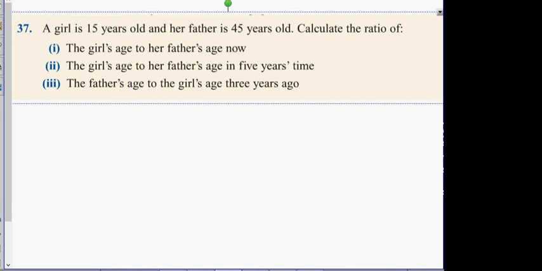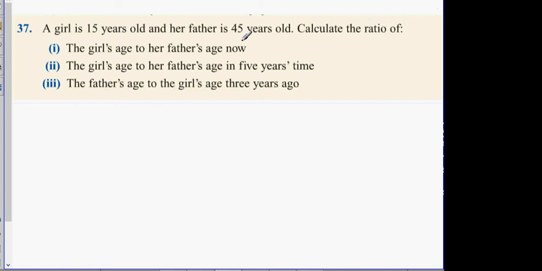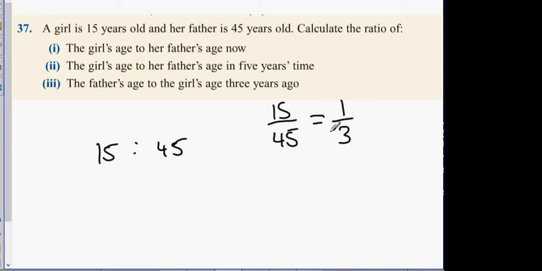37. A girl, Orson, is 15 years old and her father is 45 years old. Calculate the ratio of the girl's age to her father's age. 15 is to 45. It's the same thing as? Anybody know? 1 is to 3. You can divide top and bottom by 15.